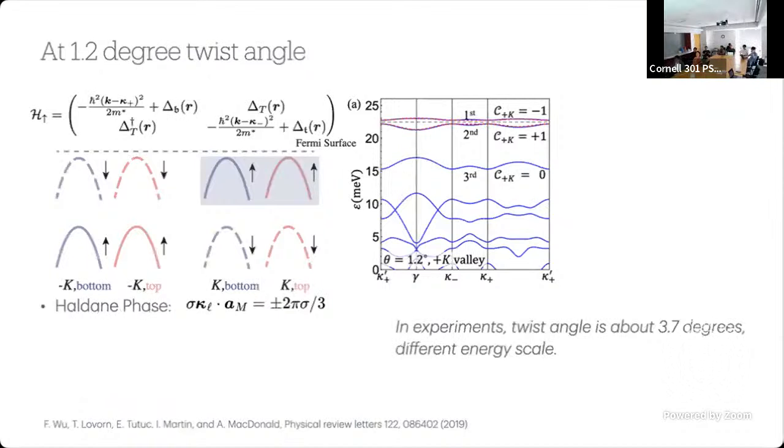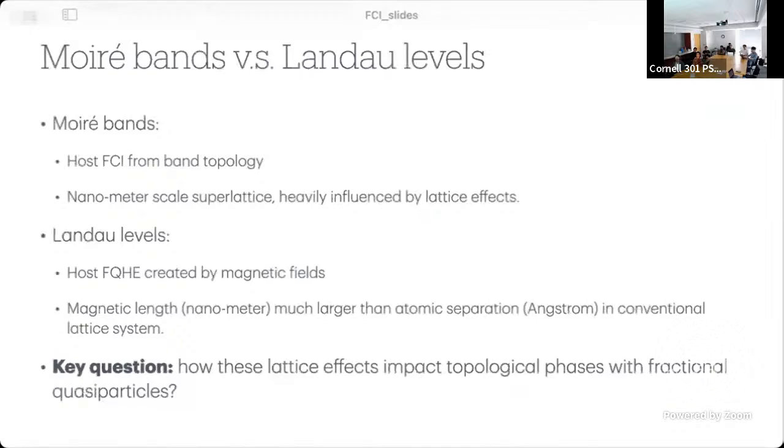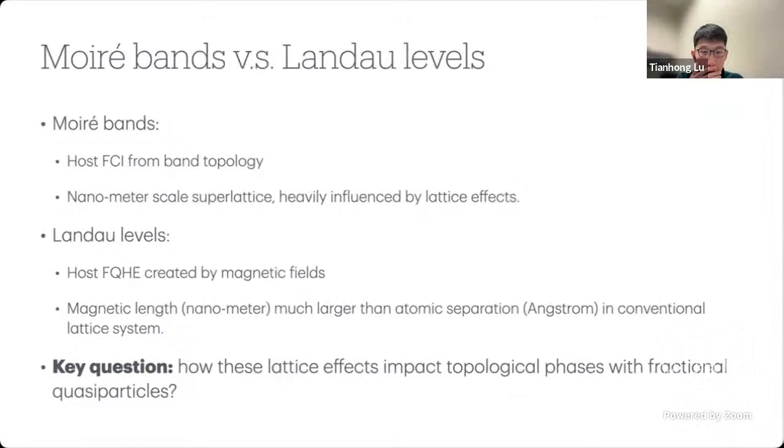Question? Oh, yeah, sure. What specific type of impact are you going to be looking at? For example, fractional statistics, or I don't know, what aspect? So for example, we're looking at how the lattice effects impact the quantum phase transition in these FCIs.